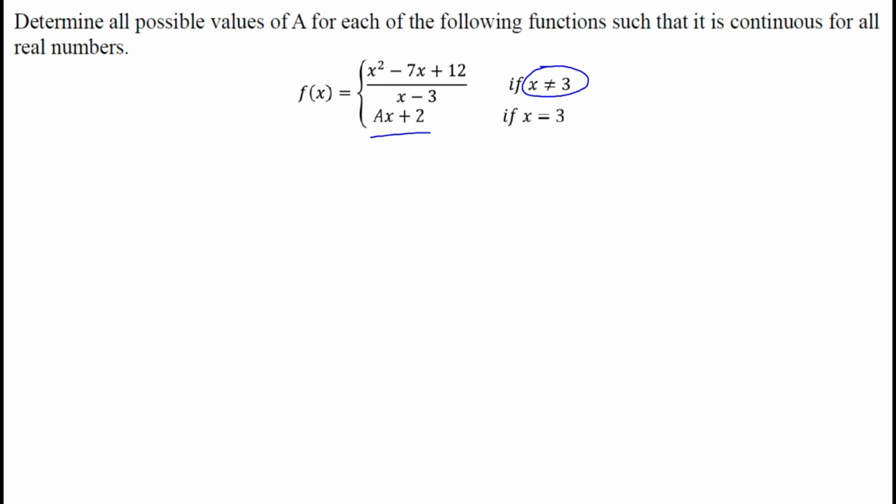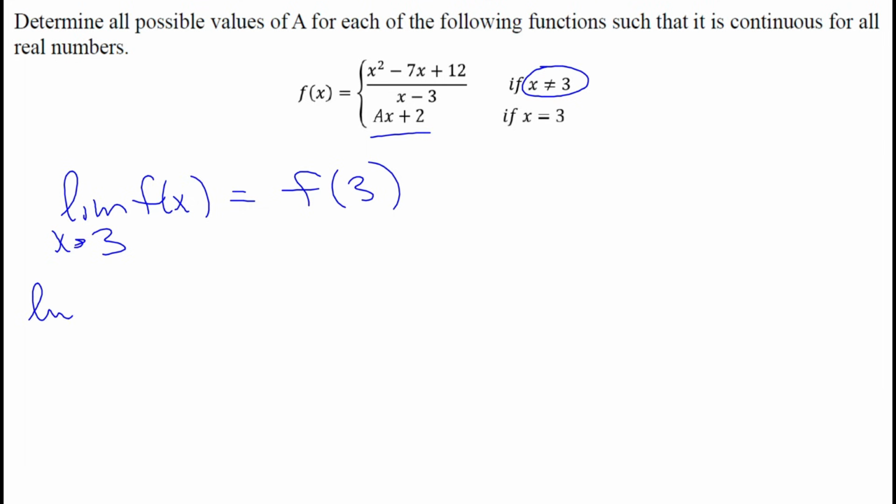So the definition of continuity says that the limit as x approaches 3 of f of x needs to equal f of 3. Well, we can find this limit by just factoring this out, right? The limit as x approaches 3 of x minus 3 times x minus 4 over x minus 3. And that needs to equal f of 3.